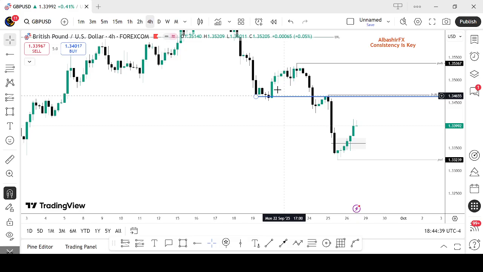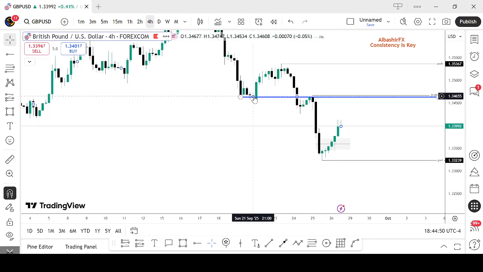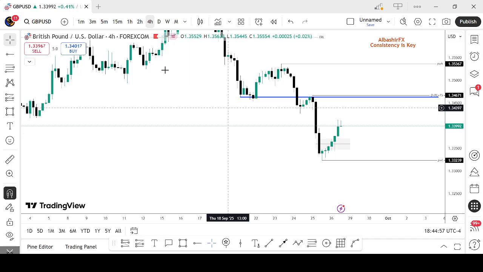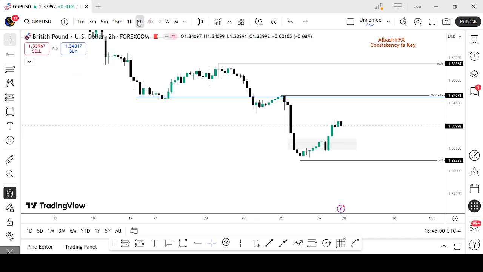But don't forget your breaker. We have a breaker here, so price should remain on this breaker, but price should tap on this market structure shift, right? I want to see price tap on that market structure shift. All right, so that's basically the 4 hourly.